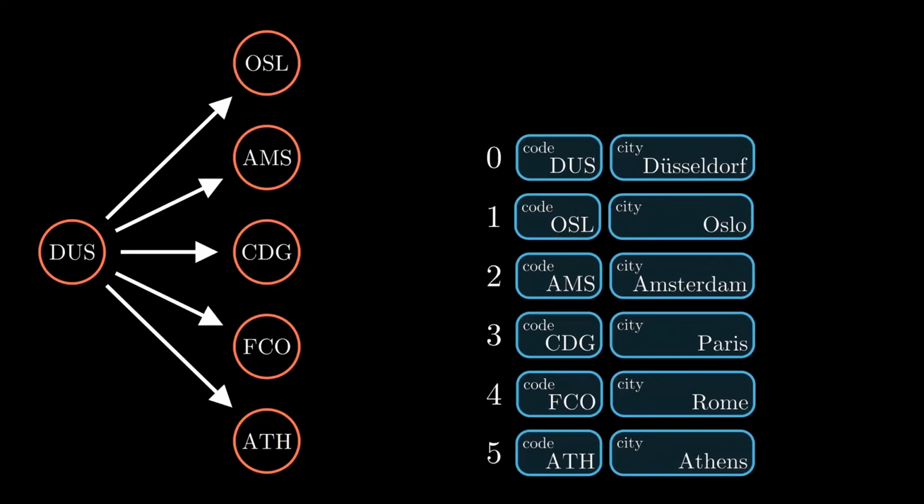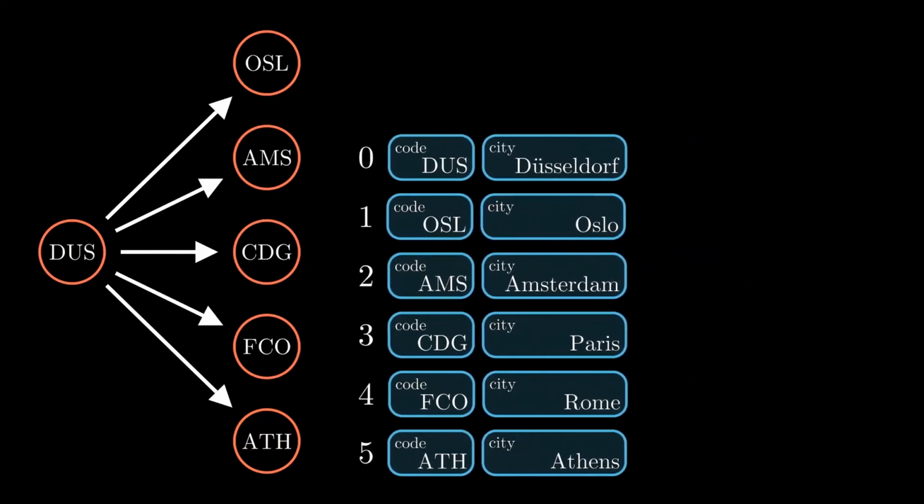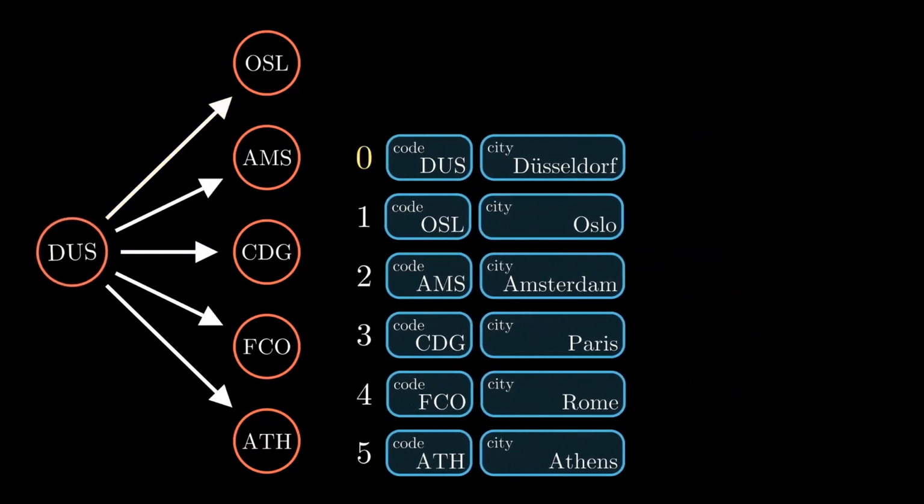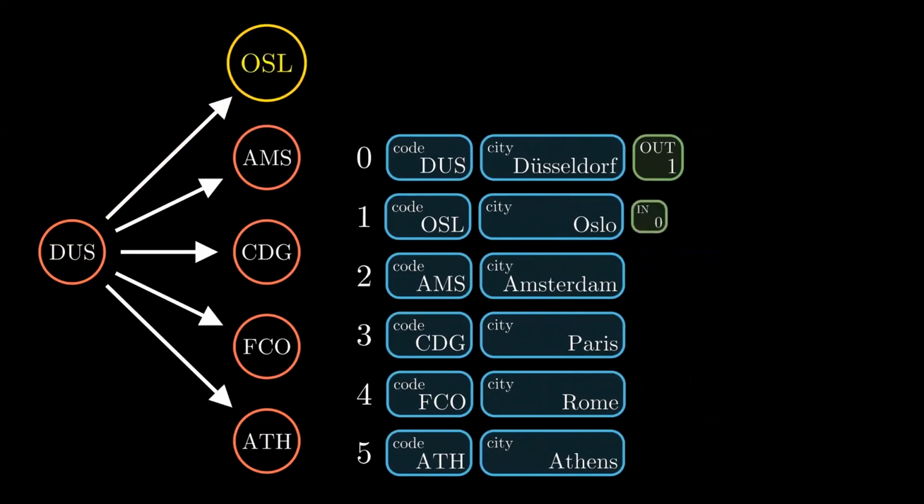But up to this point, we're still missing the edges. As every edge interacts with two vertices, the incoming and the outgoing vertex, each edge needs to be stored twice, once for the incoming and once for the outgoing vertex. That is here for the first edge between Düsseldorf and Oslo.